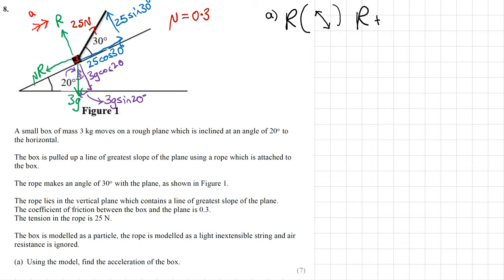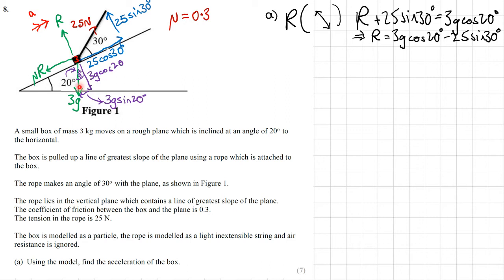Yep, the 25 sine 30, and that's going to equal the force going down, which is the 3g cos 20. I could rearrange that for R. So R is equal to 3g cos 20 minus 25 sine 30.